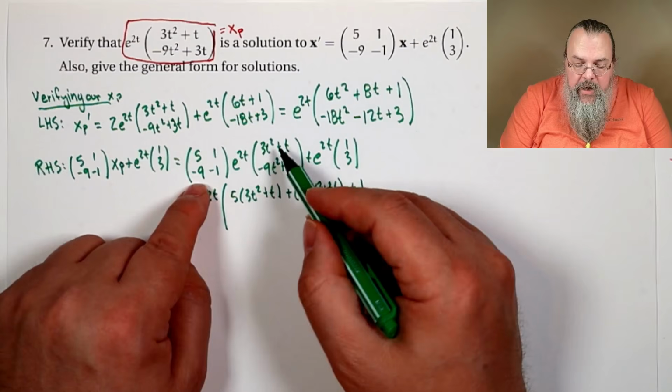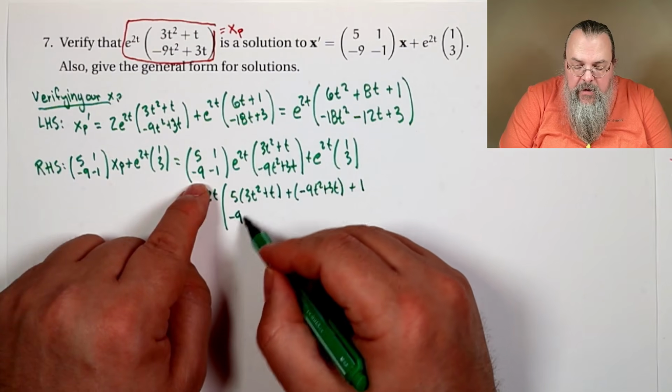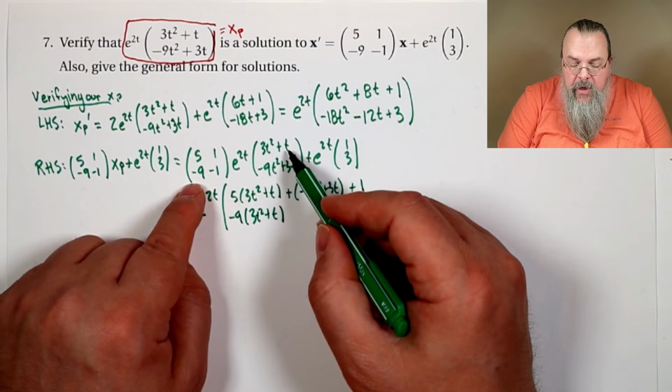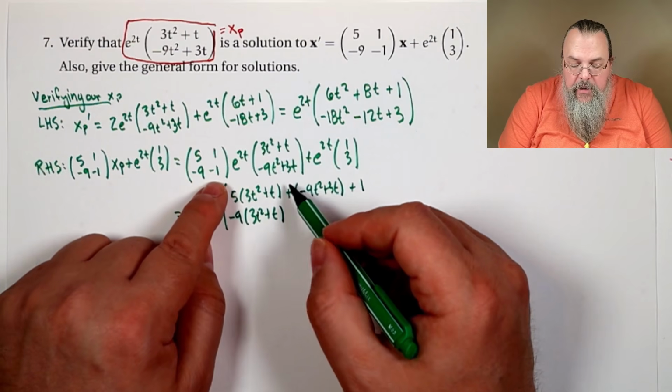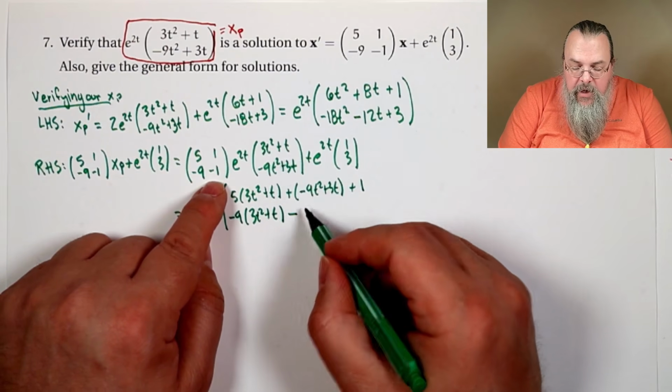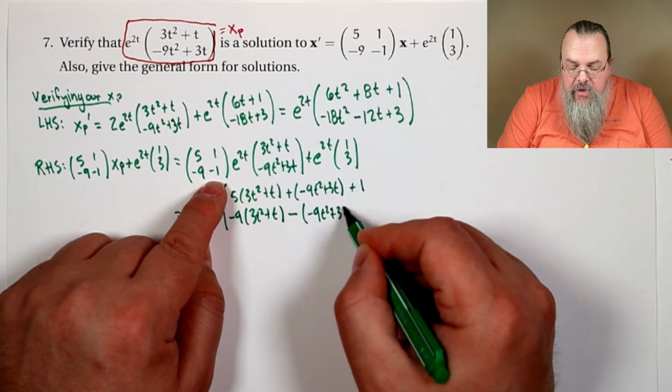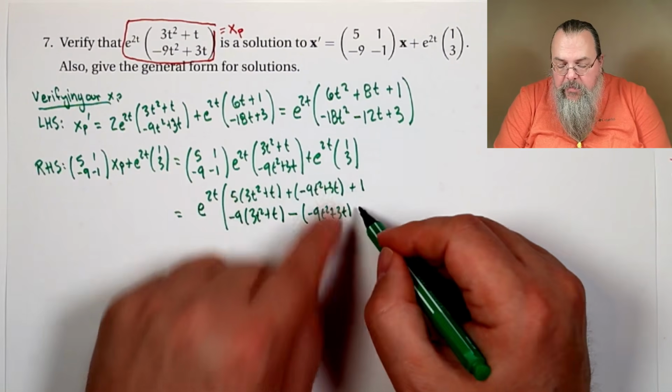Then we get minus 9 times 3t squared plus t, and then minus 1 times minus 9t squared plus 3t, and don't forget a plus 3.